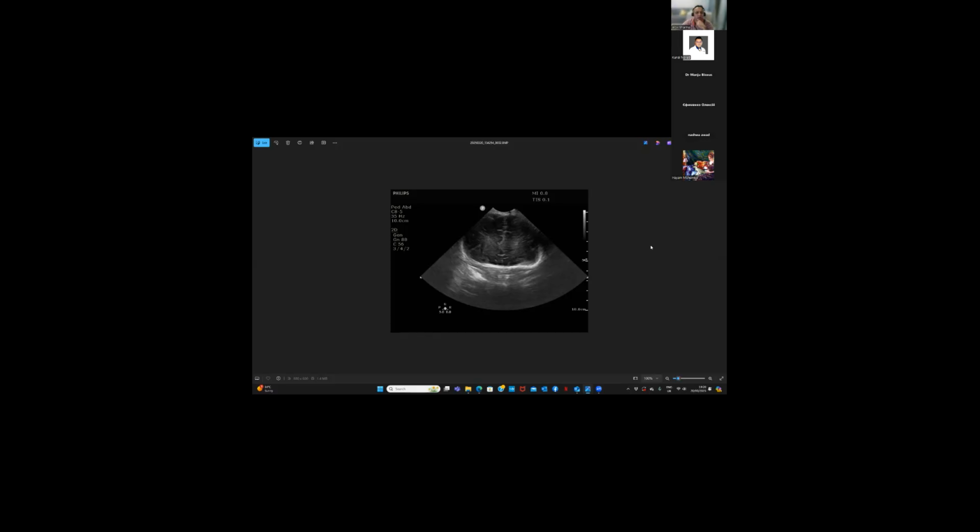I wanted to bring it down, but I could not figure out how. There was no button for frequency, and when I tried to change the setting, the system told me it would restore to factory default. So I could not do it. I will get back to biomedical to check how to alter the frequency.